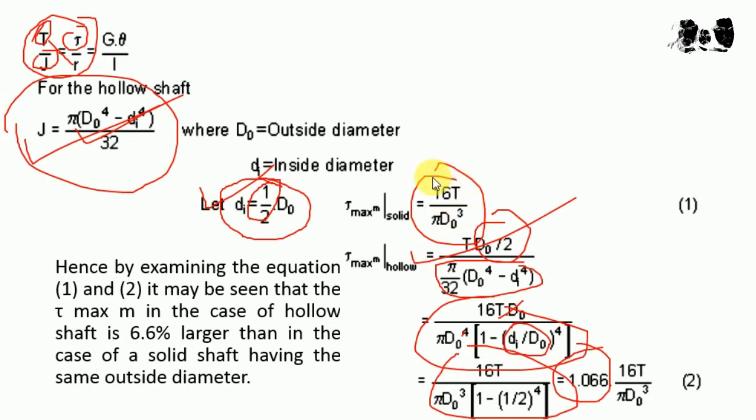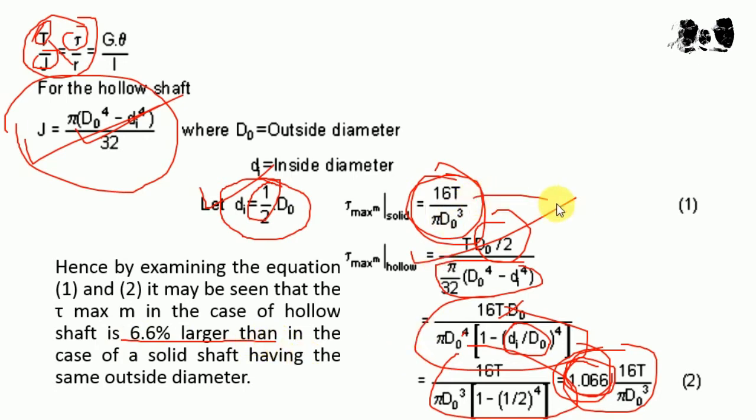This is the maximum shear stress value for the solid shaft, and this is the value for the hollow shaft. We can easily find there is an extra factor due to the hollow shaft, which can be converted into percentage form compared to the solid shaft, which is 6.6 percent larger. How can we find that?